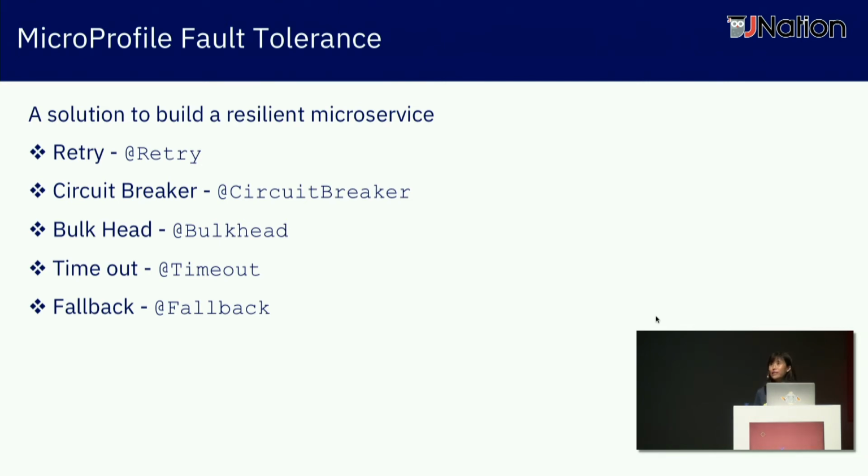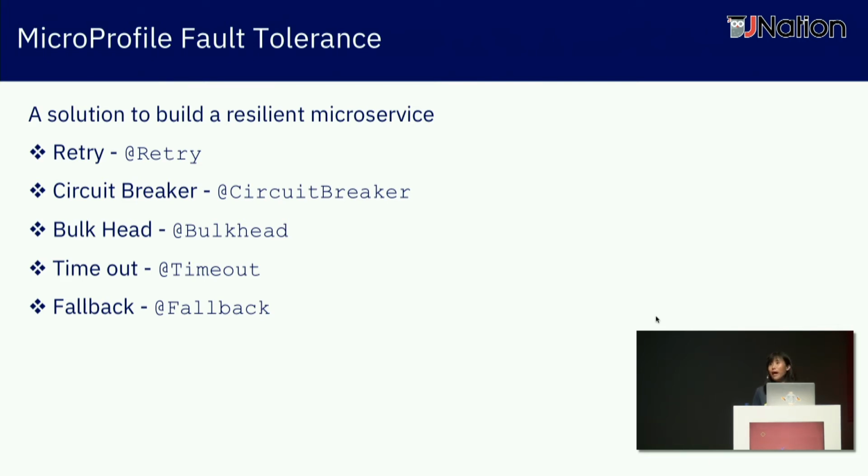And the Bulkhead constrains the concurrent requests. This makes sure one microservice will not bring down the whole application. Timeout, you should always have this timeout concept. Basically, you don't want your customers to wait forever.